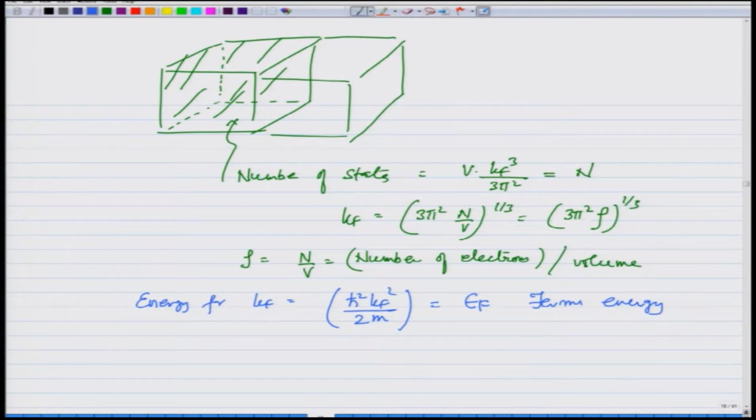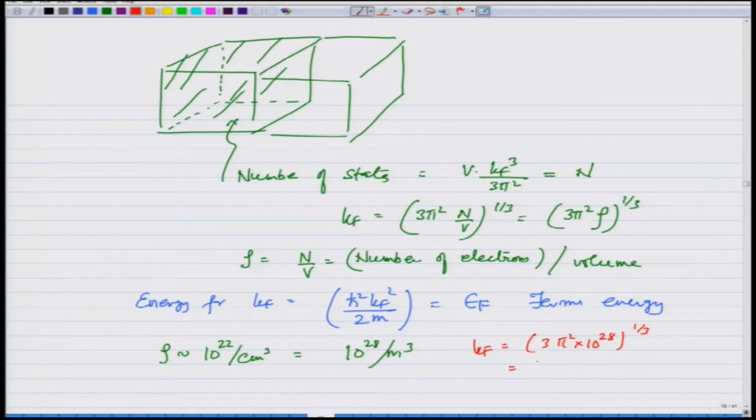Now, let us estimate the numbers. The density, as I said, rho is of the order of 10 raised to 22 per centimeter cubed, which comes out to be roughly 10 raised to 28 per meter cubed, and therefore, kf is going to be 3 pi square times 10 raised to 28, raised to 1/3. So, pi square is roughly 10.